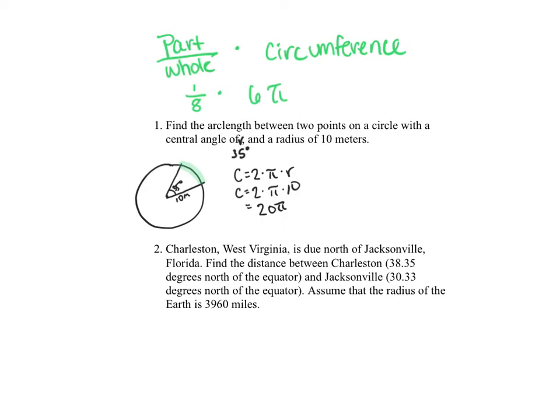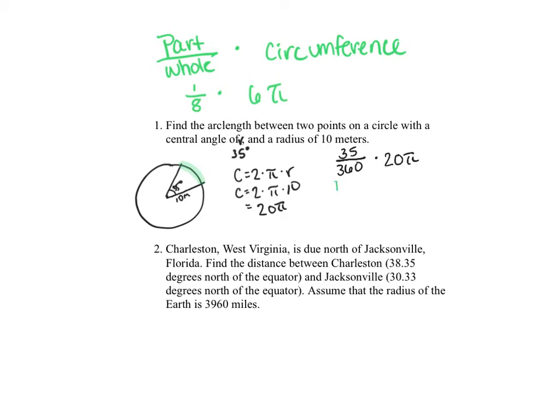Well, let's see, we're dealing in degrees. So my fraction is going to be 35 degrees out of 360. So that's my part over my whole, and I want to know that amount of my total circumference, or 20 pi.